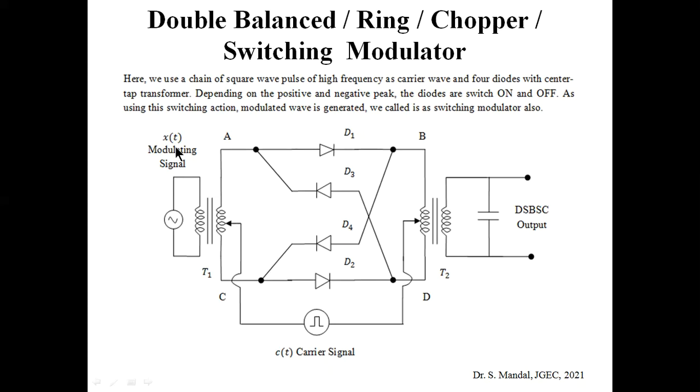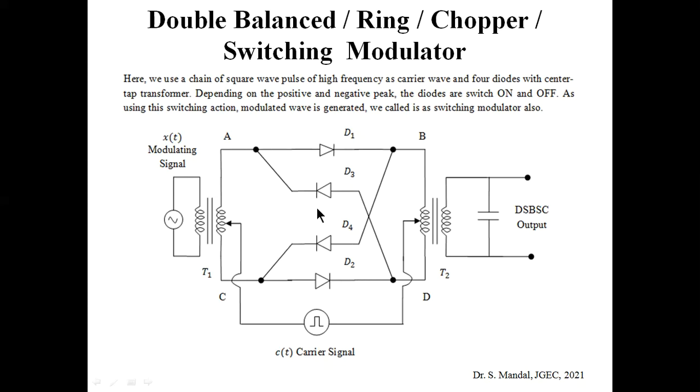And the xt signal or modulating signal is applied across the T1 transformer, and the output of the T2 transformer will be nothing but the DSBSC signal. Okay. Now there are four diodes, D1, D2, D3 and D4, connected like this.